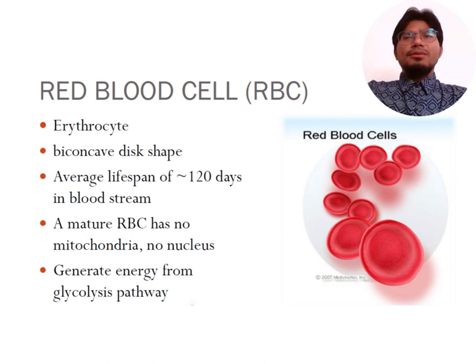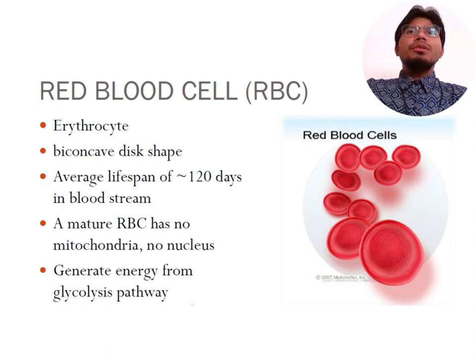The reason for having a biconcave shape is to provide more surface for the blood to carry more oxygen. The lifespan of a red blood cell is 120 days, equivalent to 4 months.